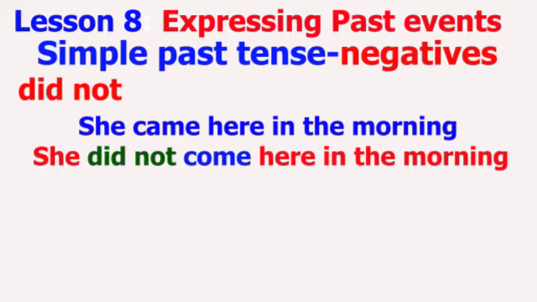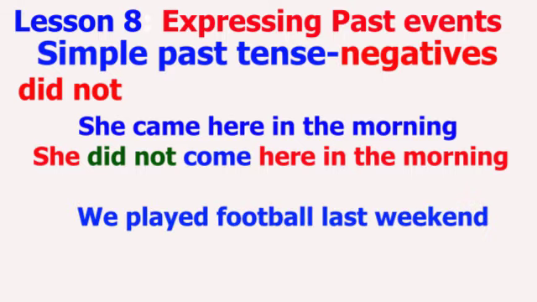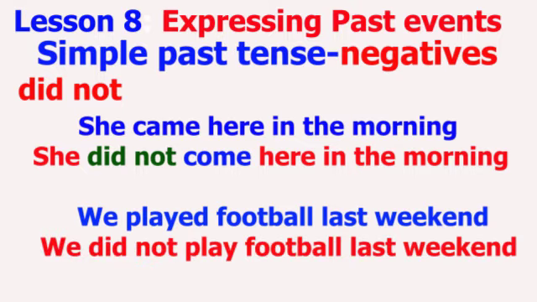You can also take an example from the second sentence that says, we played football last weekend. As we have agreed, we are adding did not. The sentence, we played football last weekend, is going to be, we did not play football last weekend.